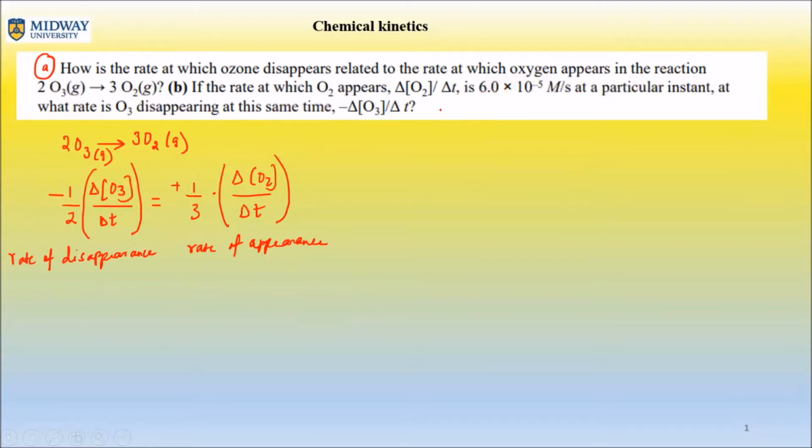Very good. Now, the second part is asking, if the rate at which O2 appears, delta O2 over delta T, equals 6.0 × 10 to the negative 5, what is the rate of disappearance of this, right? This is very, very simple, okay?